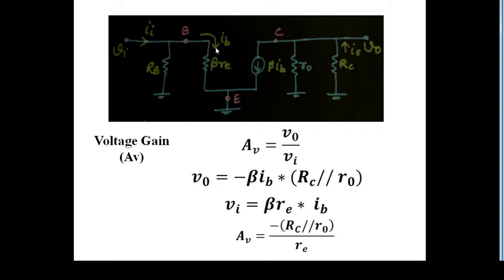This current is our base current IB, so IB times of beta RE is our Vi. Simply after that we divide and get the voltage gain. Very simple. Is it okay? This one is all about the voltage gain. After that we will solve some numerical and find how everything comes.